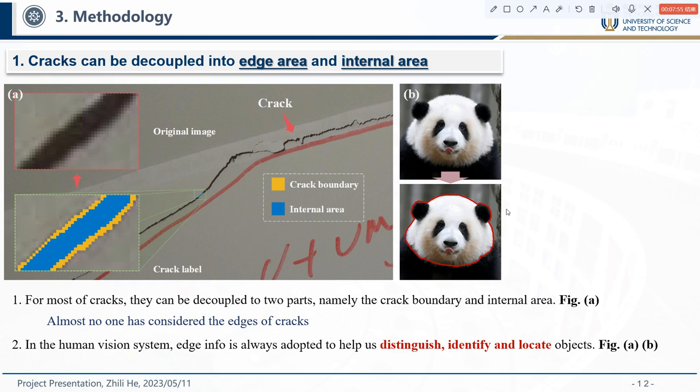If we want to identify the head of the panda, we will inevitably use the edge information, and I have drawn a red line on the edge of the head of the panda. We can fill this in by ourselves. And if we want to locate the head of the panda, we will use this red line, namely the edge information.